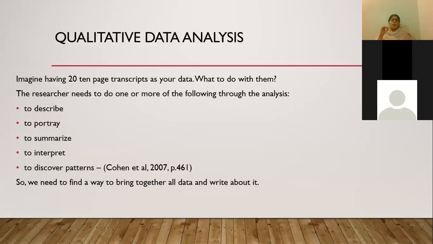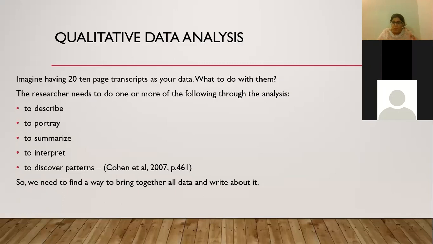Right. So now data analysis. Imagine having 20 10-page transcripts as your data. What to do with them? So you need an organization system. You need a system where you can arrange those 20 10-page transcripts, right? So if you have 20 10-page transcripts, that means you have 200 pages of data.